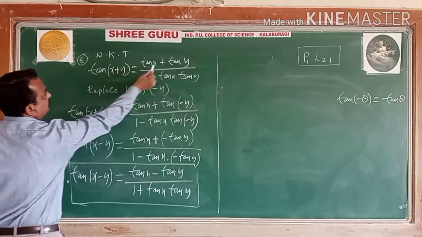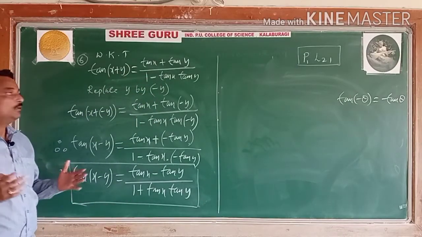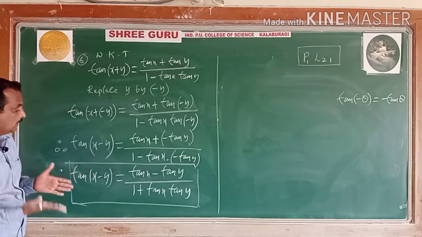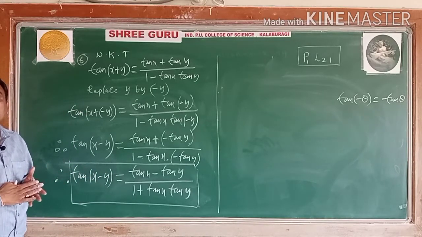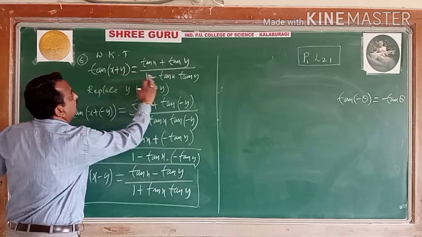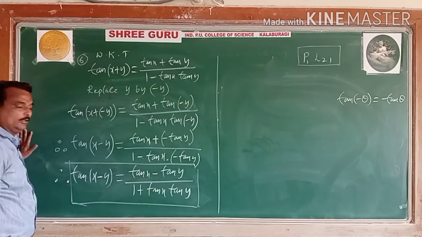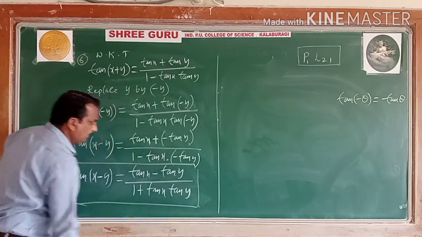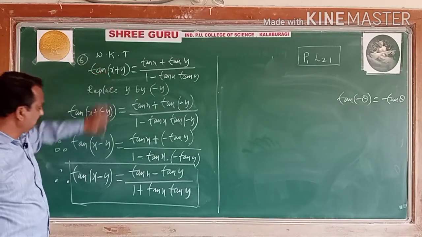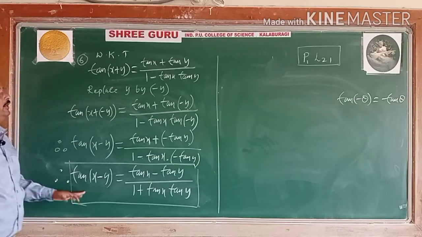See what is the difference between the sum and difference formula. You try to remember that difference: in the numerator same sign, in the denominator opposite sign. Here, tan x minus tan y divided by 1 plus tan x into tan y. So this is the sum and difference of the tan formula, students.